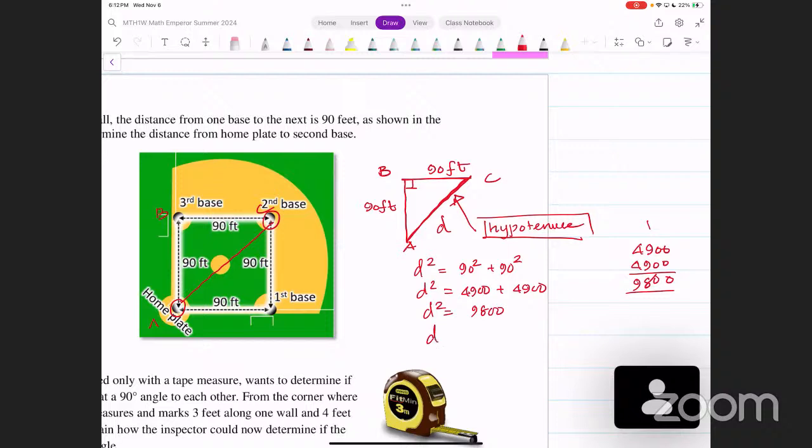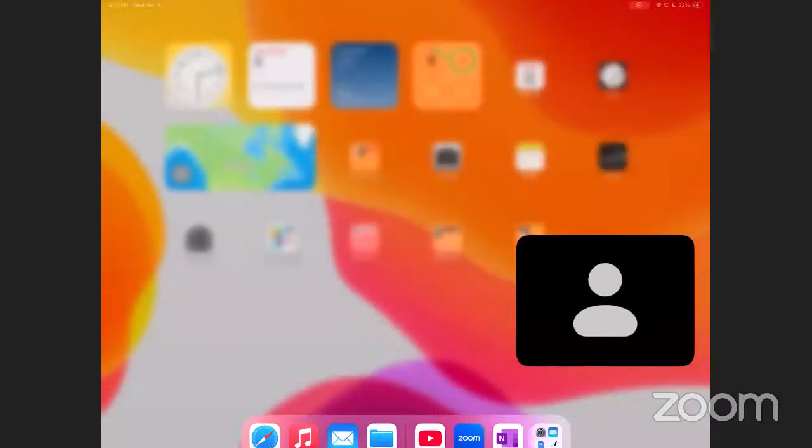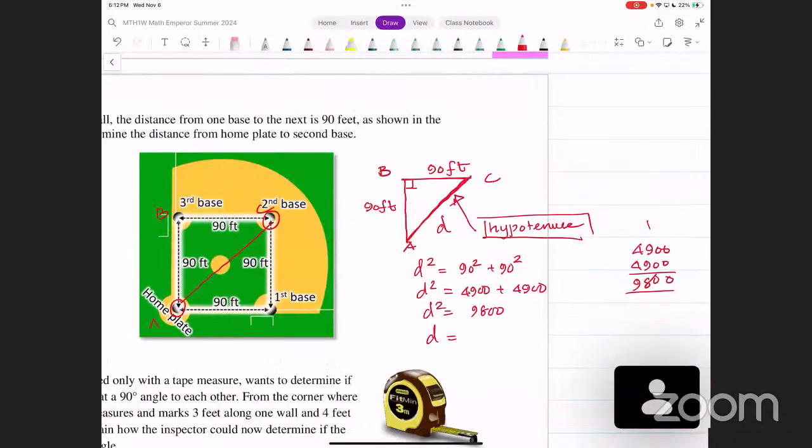Akshara online, how would you find the D? Before that, I'm not sure who this person is. Let me talk to the person. Oh, Tawan. Okay, Tawan, how are you doing? Good. What's going on in your school in math? We're just learning about mean, median, and mode and all that.